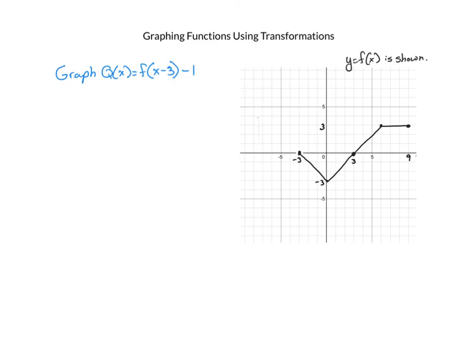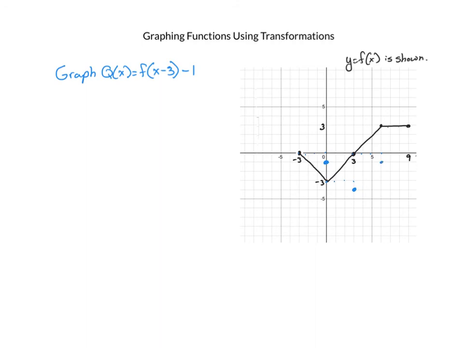So let's do it. Starting at this point, -3, 0, it's going to shift right 3, down 1. I'm going to put the point here. Here's another key point. Right 3, down 1. Here's another key point. Right 3, down 1.